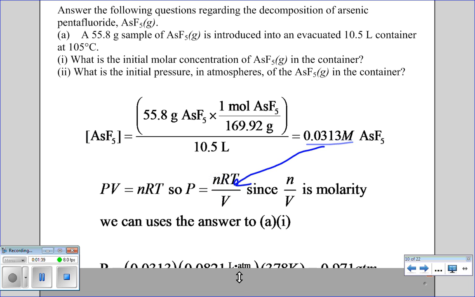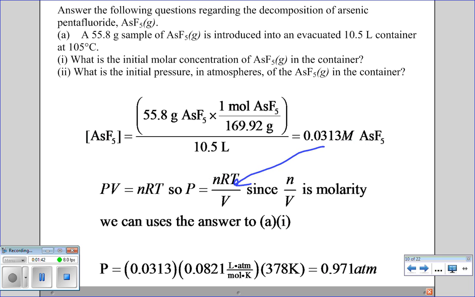And when I use that answer in 1A and substitute it in, there it is, I end up with the molarity times R times T. Notice I did turn that into Kelvin. You'll have the wrong answer if you don't. And the partial pressure, or actually it's all the pressure at this point, but the pressure from the arsenic pentafluoride is 0.971 atmospheres.